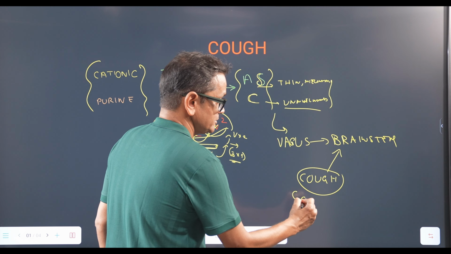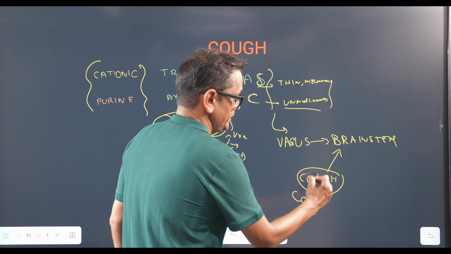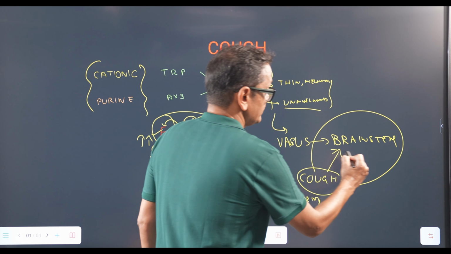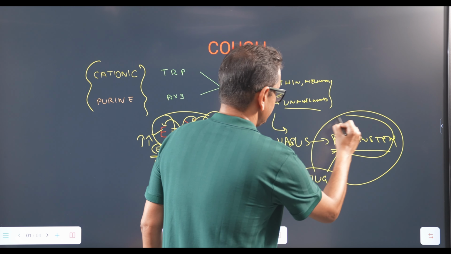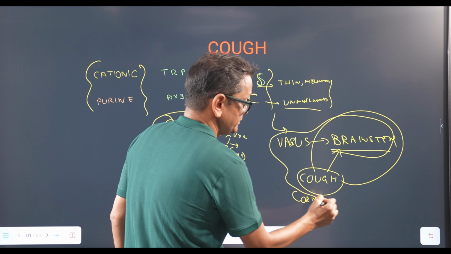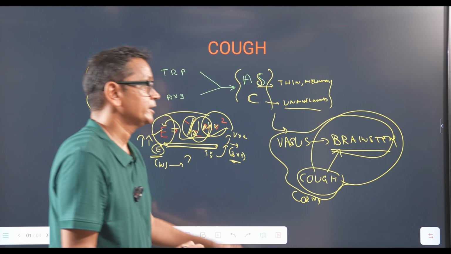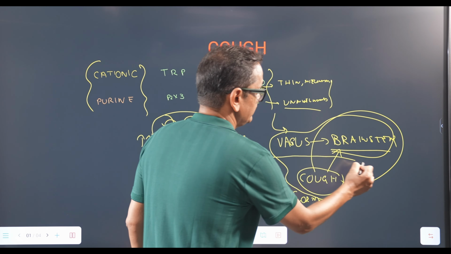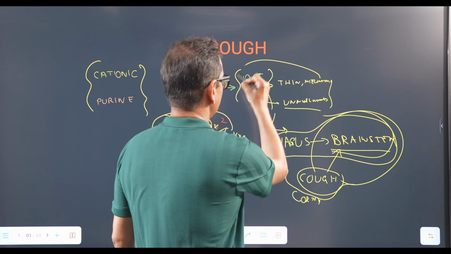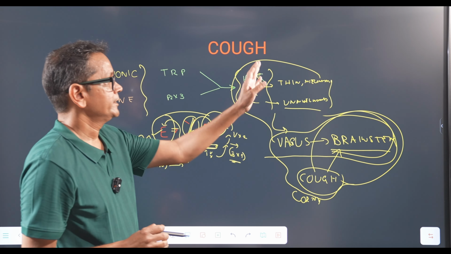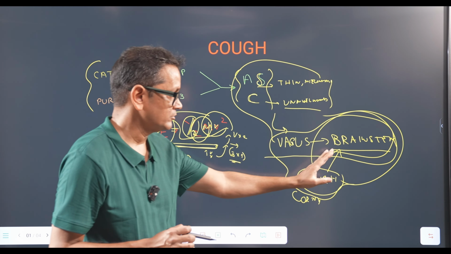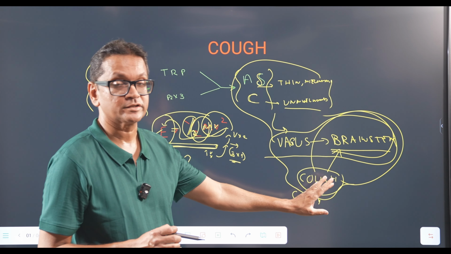So the cortex integrates this cough impulse. Why is this relevant? Because behavioral modifications and pharmacological agents are going to be effective in this tract, right from A delta fibers, C unmyelinated fibers, vagus nerve, brain stem, and higher cortical centers.